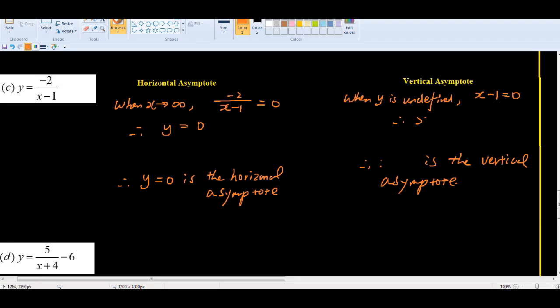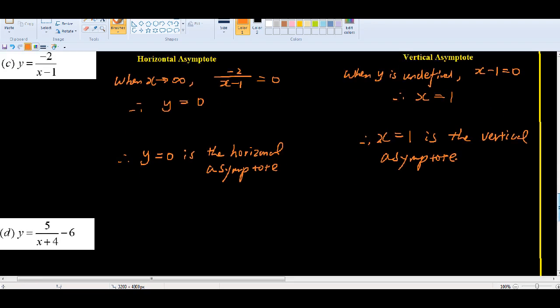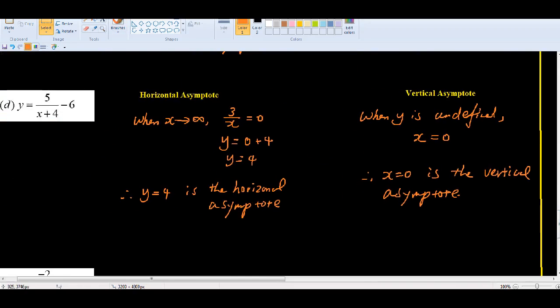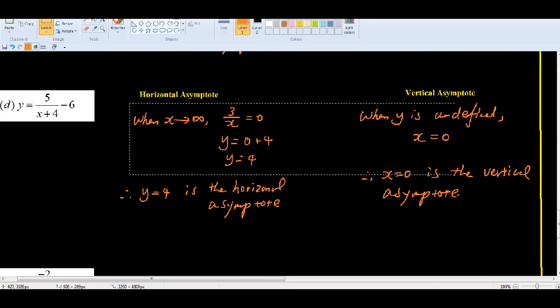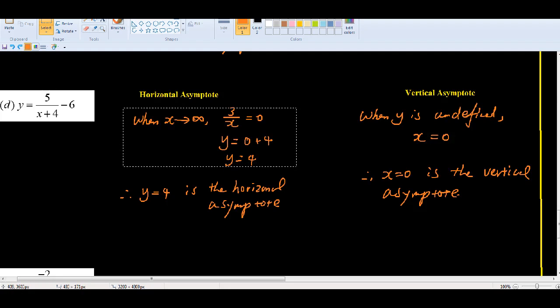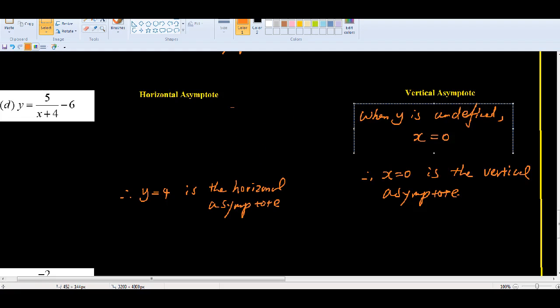Therefore x equals 1 is the vertical asymptote. Okay. Sorry. So this, cancel this.